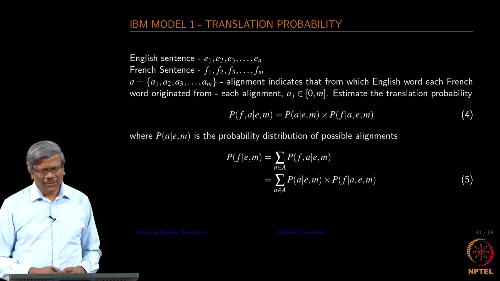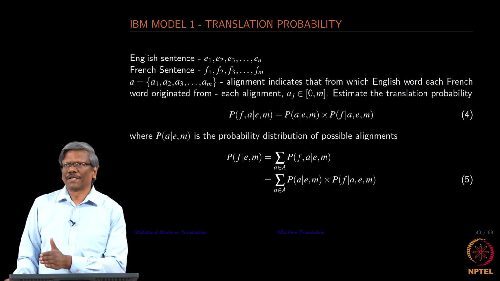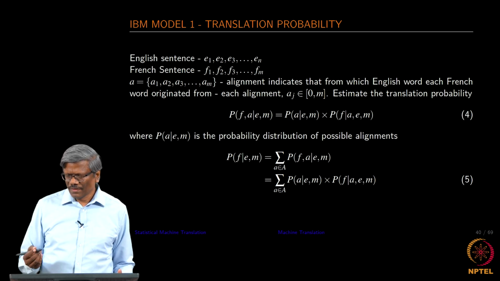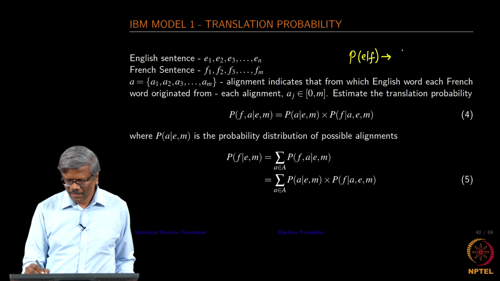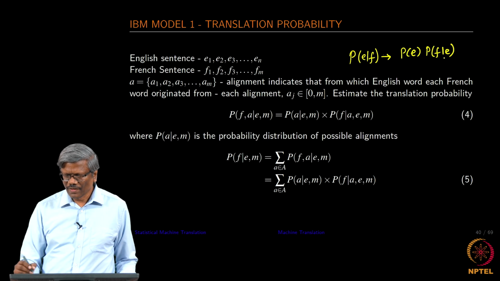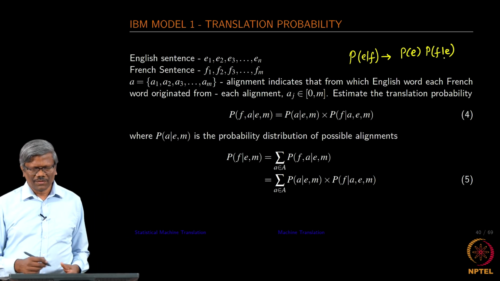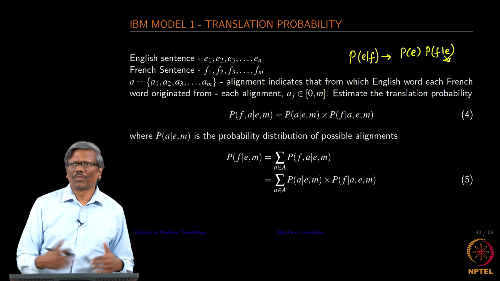To translate from French to English, we use the noisy channel model, where we had the language model and then a translation model. Since it is very difficult to estimate this directly, alignments are brought into the picture.